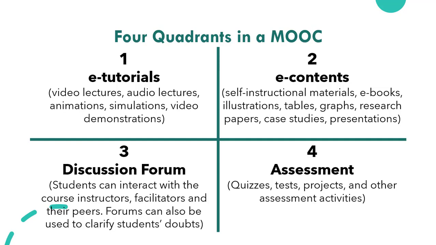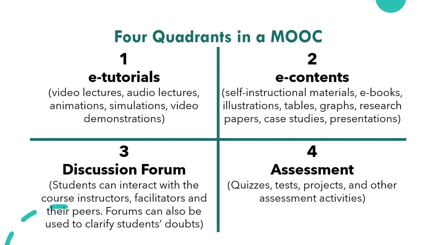The third quadrant is discussion forum, and in the discussion forum you can find a thread of messages posted by the course instructors, facilitators, and the students. So there happens an interaction among course instructors, facilitators and the learners.